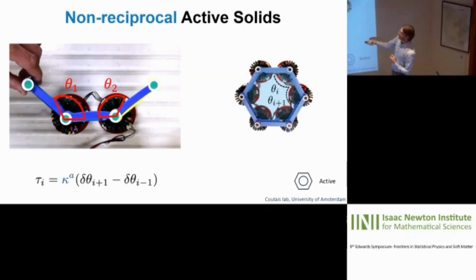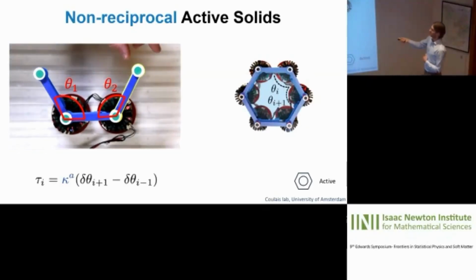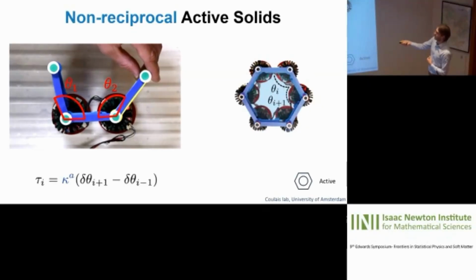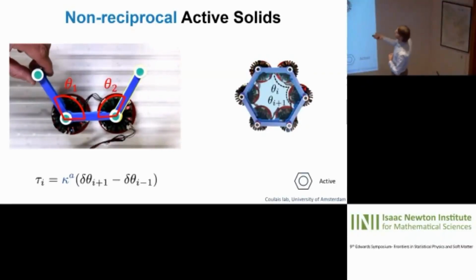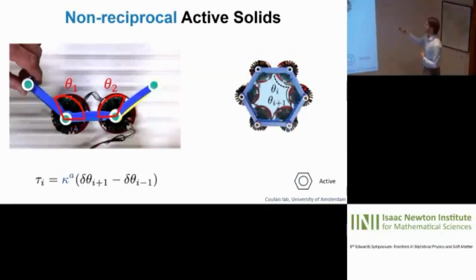So you increase θ1 in the beginning, and θ2 increases. But if you change the angle θ2 such that it increases, θ1 decreases. You now start to make little hexagons, little unit cells out of this material.